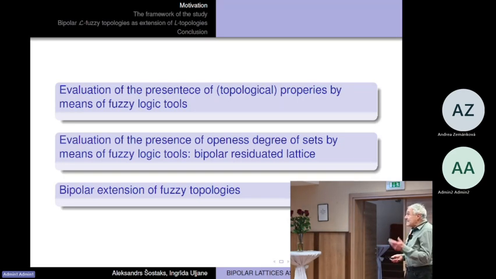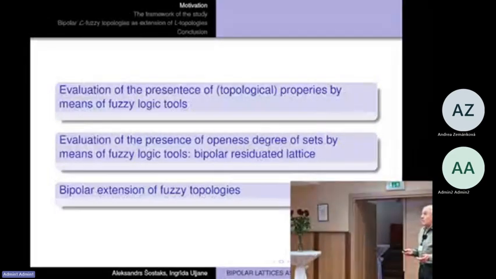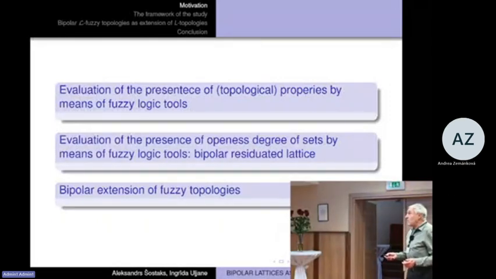In the case of fuzzy structures, it is possible to evaluate the degree of some property in an object. So this is the main thing we are doing here: to evaluate the degree of openness of sets in a fuzzy topological space, and as a result we extend the usual fuzzy topologies to bipolar L-fuzzy topology.